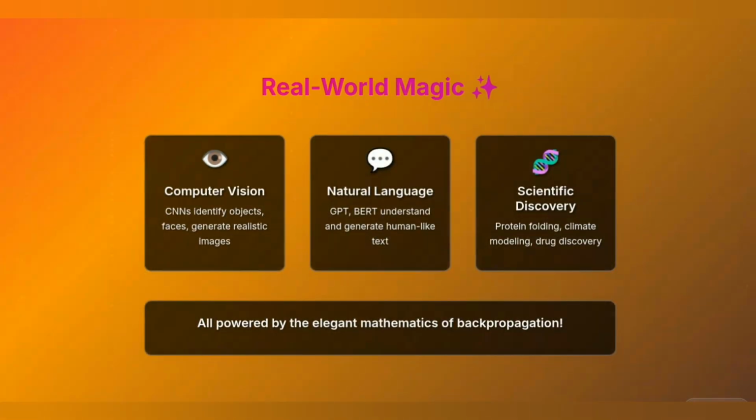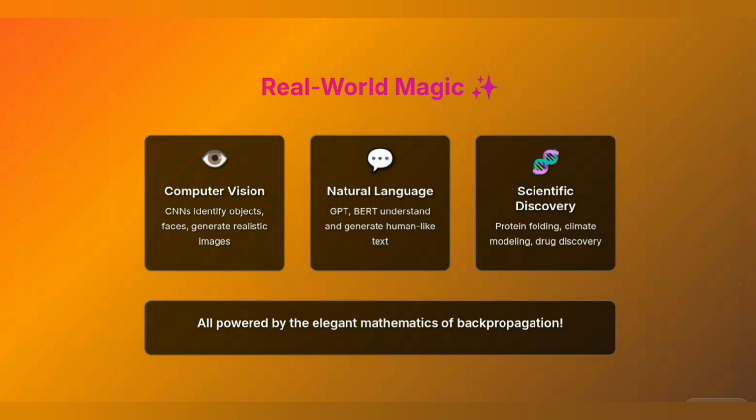Let's see backpropagation in action. In computer vision, convolutional neural networks trained with backpropagation can identify objects, faces, and even generate realistic images. In natural language processing, transformer models like GPT and BERT use backpropagation to learn language patterns from vast amounts of text.